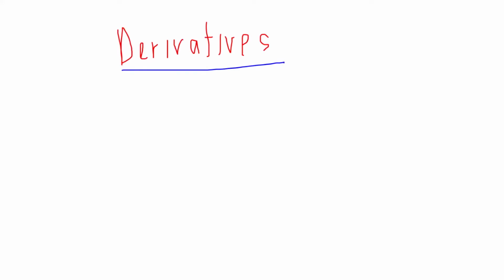Okay, let's say we have this function y is equals to 2 e power negative x plus e power 3x. Assume we have such a function, how can we find its derivative?